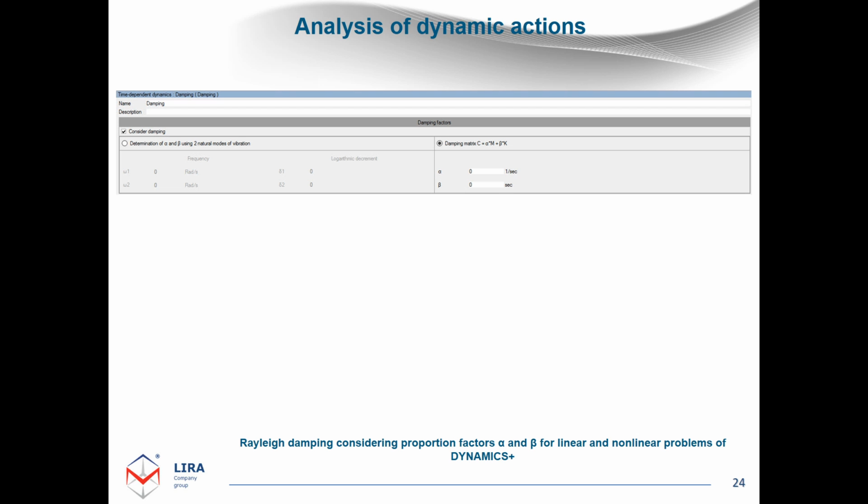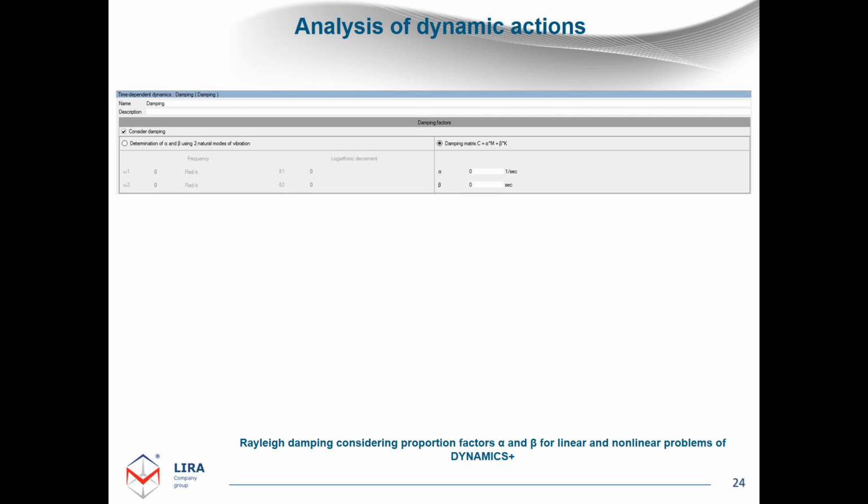For dynamic plus problems, we've implemented Rayleigh damping matrix, taking into account two proportion factors, alpha and beta, for linear and nonlinear problems. In previous versions, this matrix could participate in calculation factoring in just one proportion factor alpha.